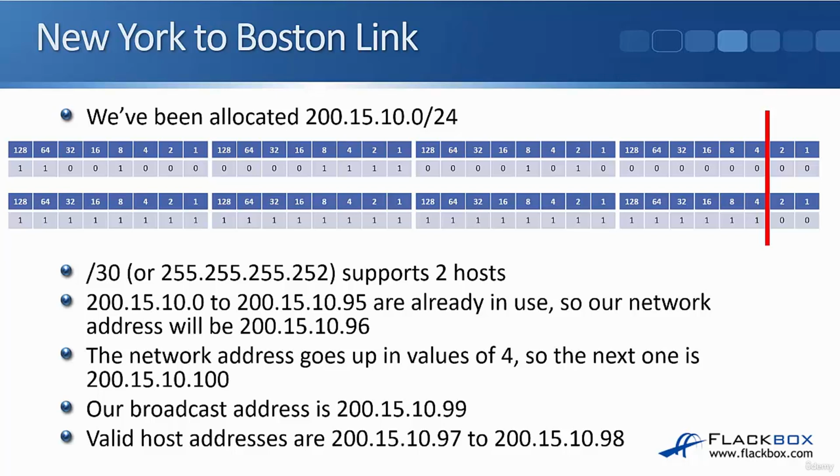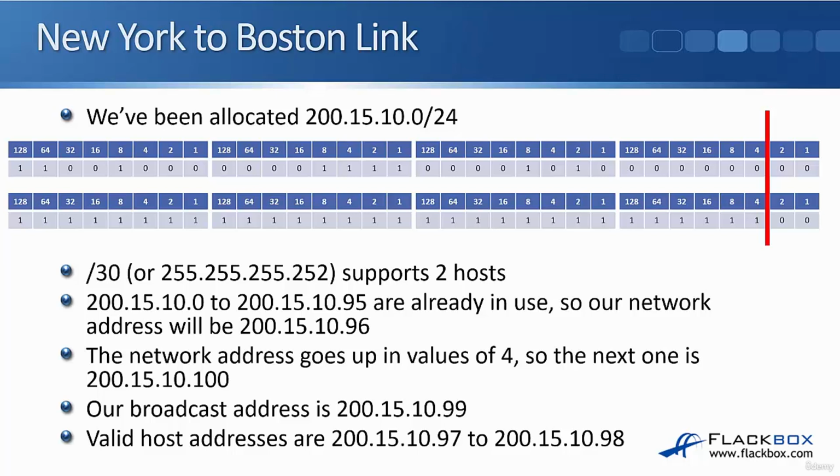Remember, a /31 or a /30 supports 2 hosts. And hopefully you remember I told you before, unless the exam explicitly tells you, if you need to support 2 hosts, go with a /30 because that's a standard that we use. It complies with all of the internet standards. So we're going to use a /30 here for our 2 hosts.